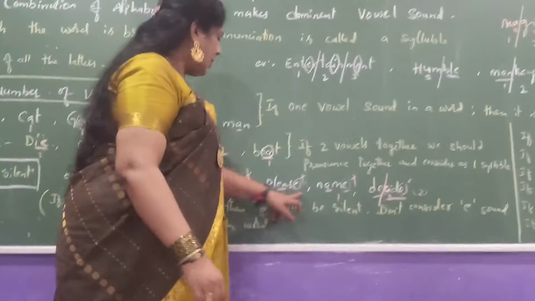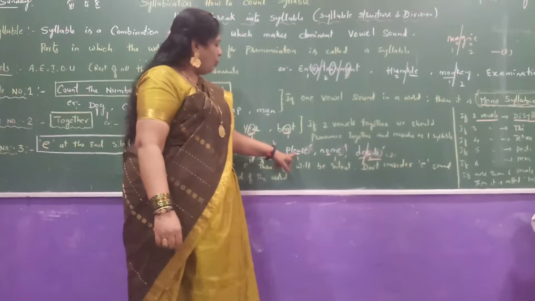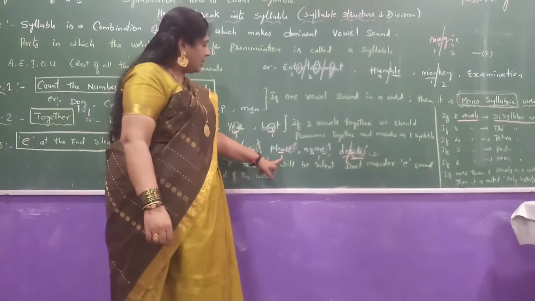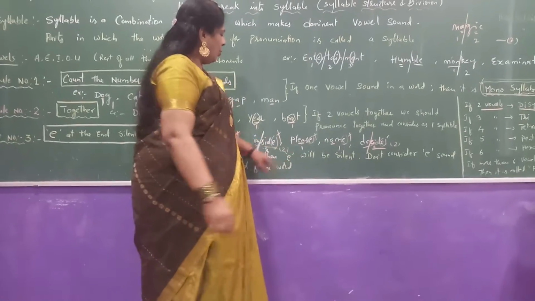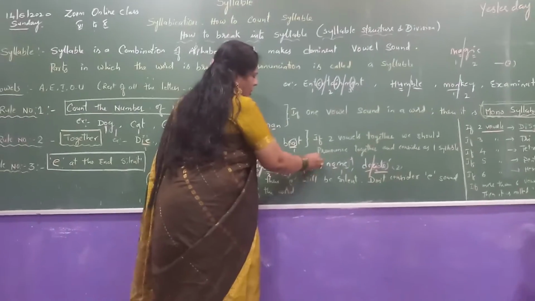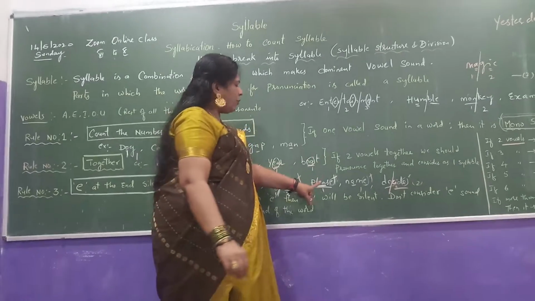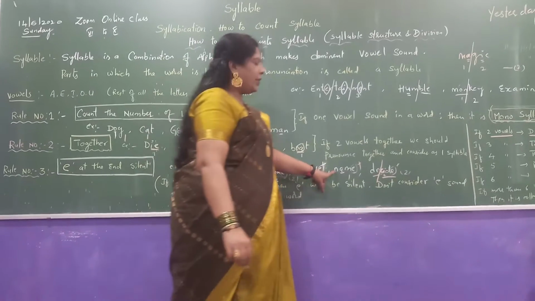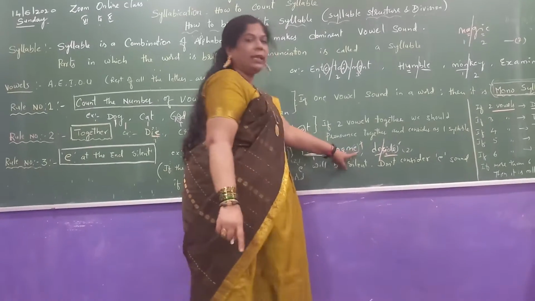Next, please. In this, which rule? Together. If two vowels come together, you have to consider them as one, and E at the end is silent. So please, together you have to say it, because we won't count the E. It is a single-syllable word. Right? Name: A is a vowel, E is a vowel.